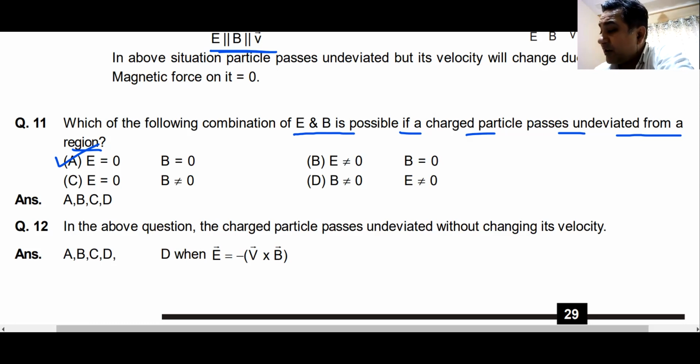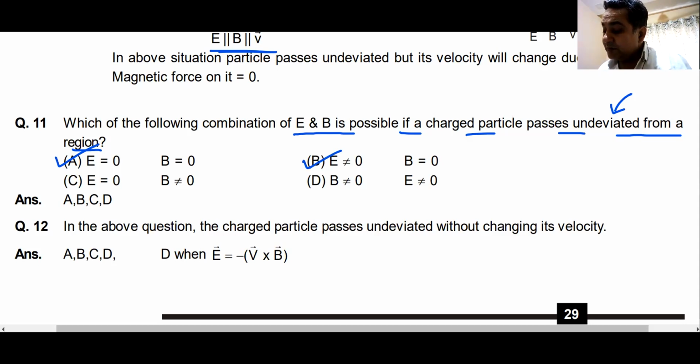Remember, they have talked about undeviated. So you can change speed, but you cannot change the direction of velocity. That means you can have a case where V and E are parallel to each other. It will go undeviated, but the speed will change, and hence point 2 is correct. Yes or no? Yes, sir.